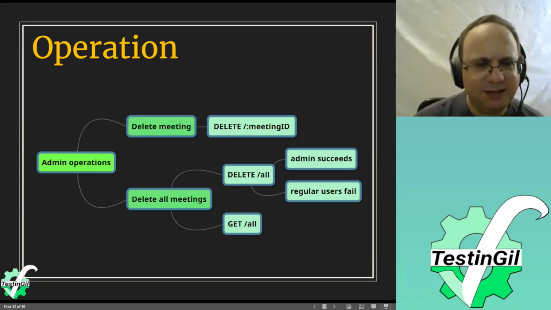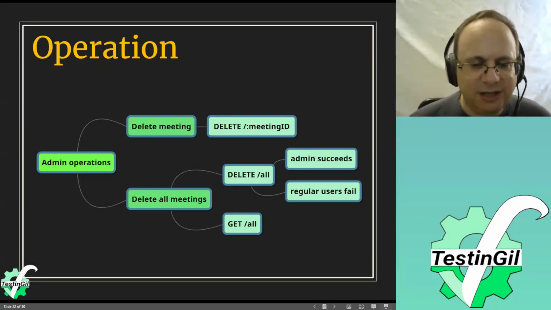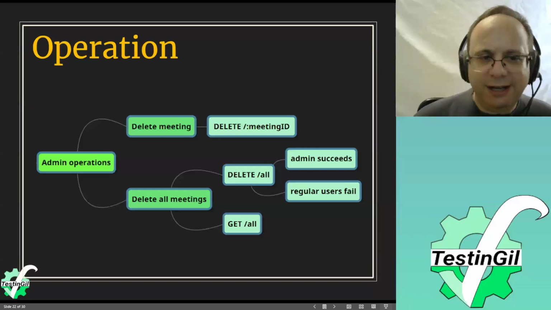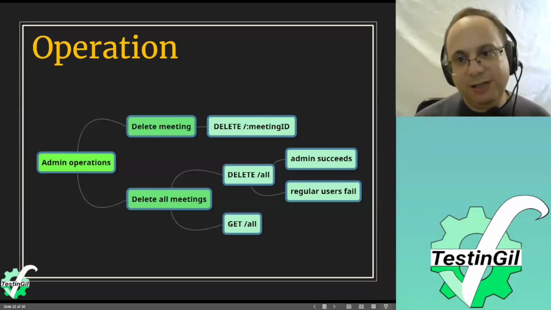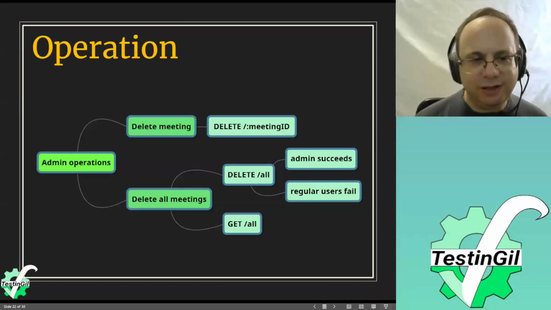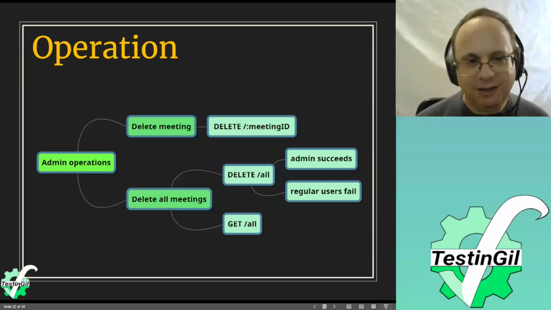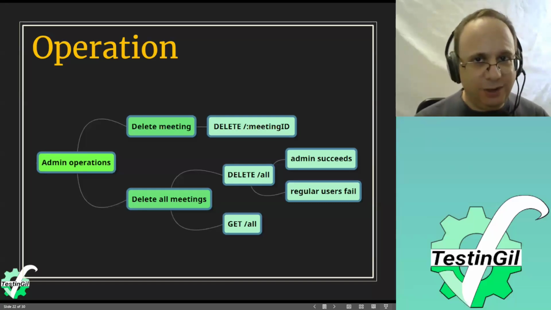So I said we usually think about these things as functionality, but it's more than that. Let's say you have admins in the system and regular users, and regular users cannot do what the admins do. In terms of API, this means there's a two-way we would like to test that.